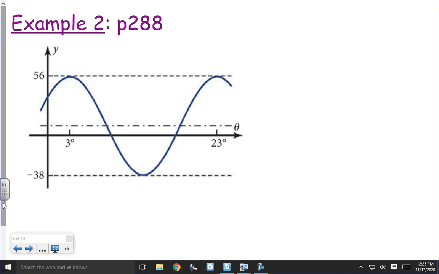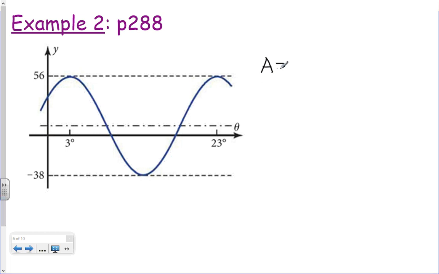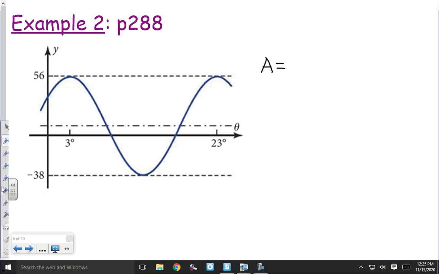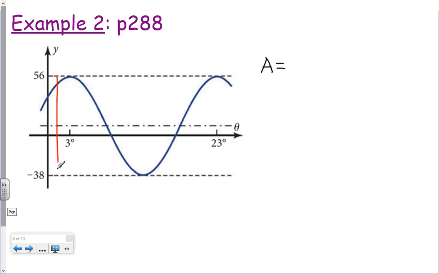So let's first find our value for A. A is the amplitude of this. And the amplitude, if you just take the distance between your upper bound and lower bound, that's this distance right here. If you just take half of that, that'll tell you the amplitude of this. So we'll calculate that. That's 56 minus a negative 38.